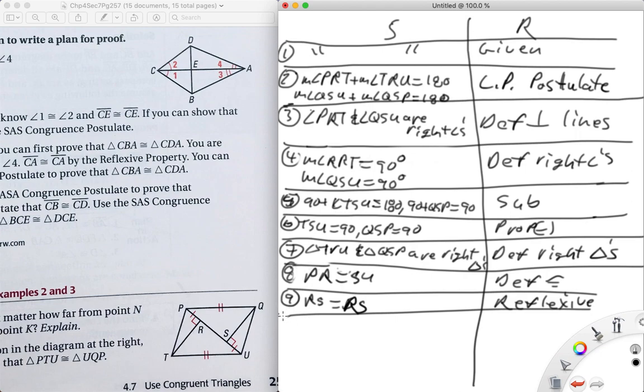Then I can say that PR plus RS is equal to SU plus RS. Addition, segment addition postulate.